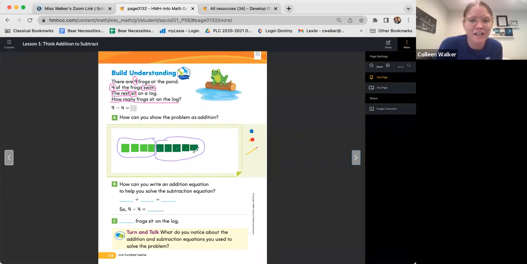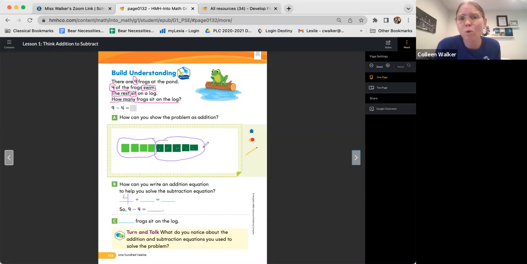Yes, 5. That's correct. Now down here it says, how can you write an addition equation to help you solve the subtraction equation? What were the two numbers that we added together to get 9? How many were swimming? Yes, 4 were swimming.